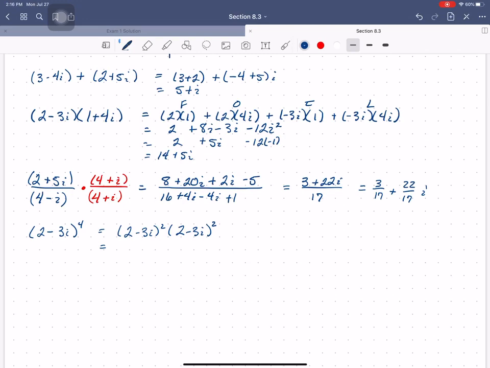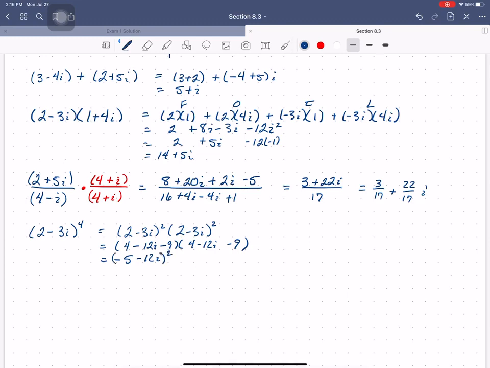You can see it's going to get ugly because I'm going to end up with 2 squared is 4, minus 12i, plus 9i squared, which means minus 9, times itself. Combine those and then FOIL again. So end up with negative 5 minus 12i squared.